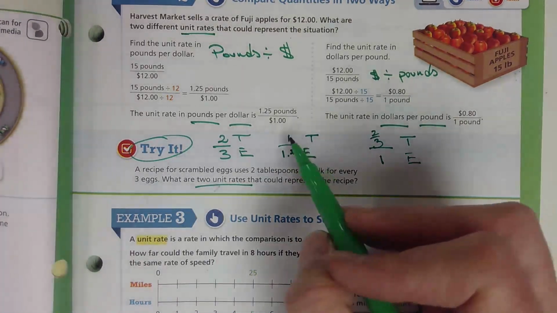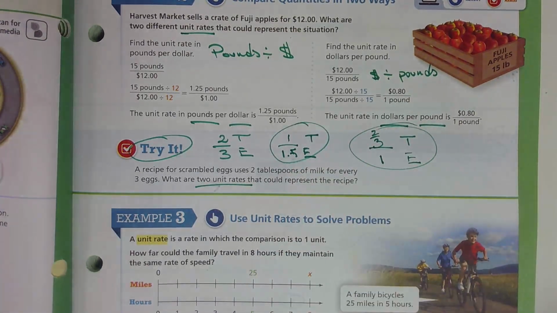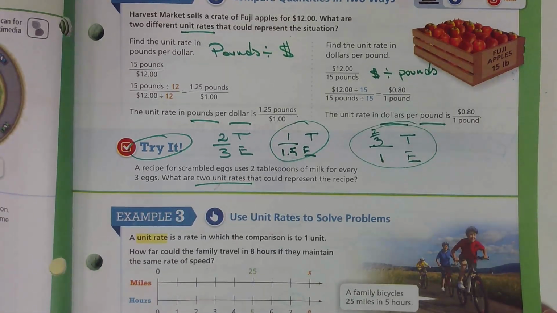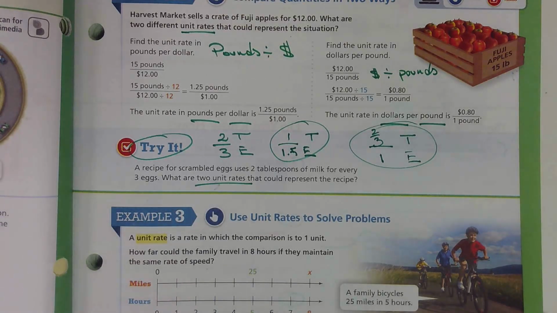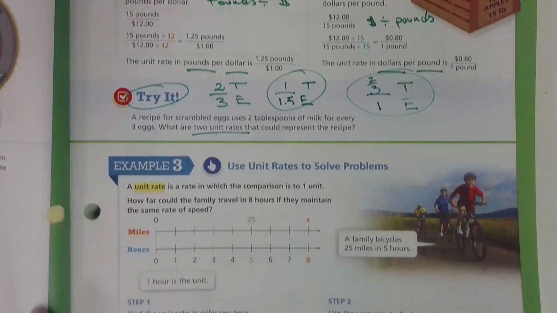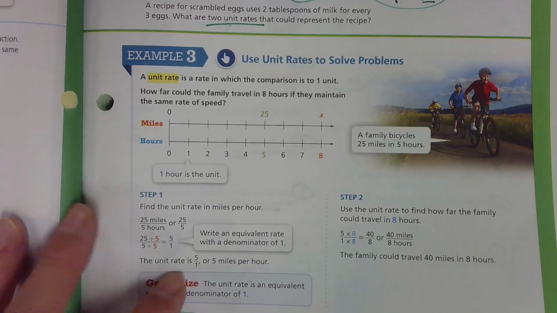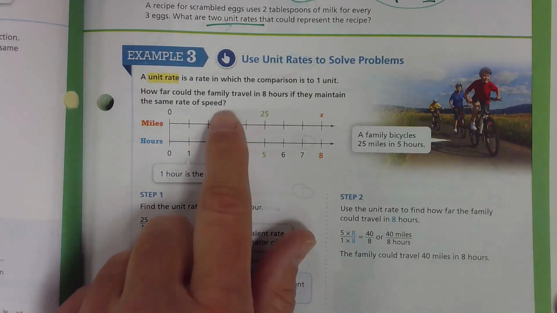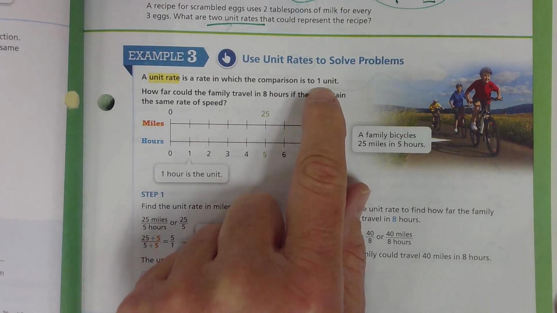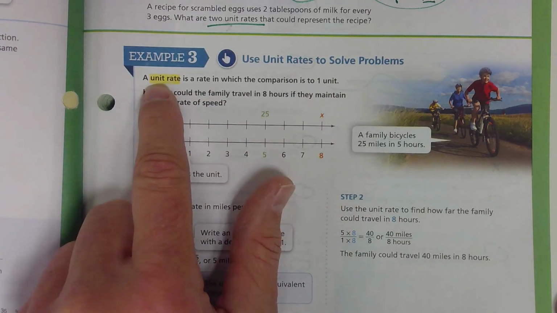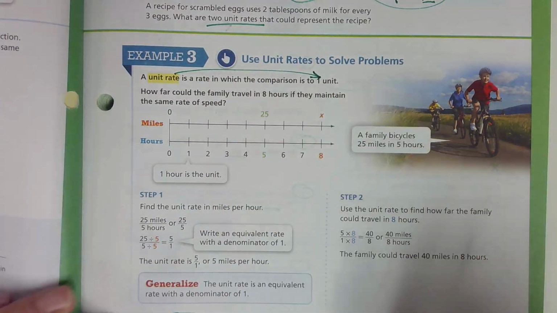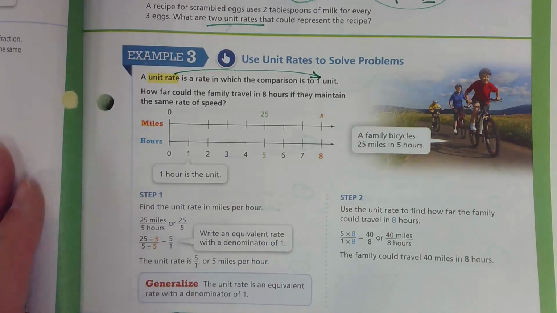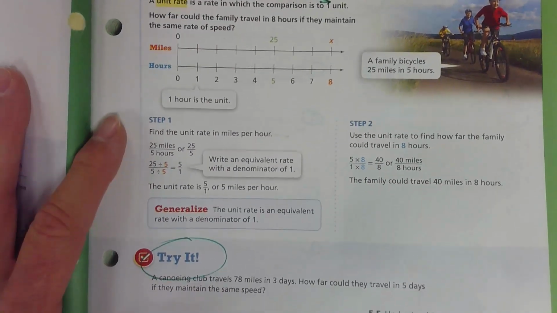So those are the 2 unit rates that we could use. And as you guys do some of these, it'll start to sink in and make a little more sense. Example 3, a unit rate in which the comparison is to 1 unit, and I emphasized that earlier. Remember, a unit rate reduces one of them to 1 unit. And so you can look at example 3 there.